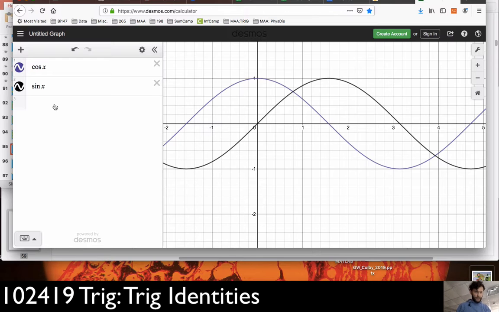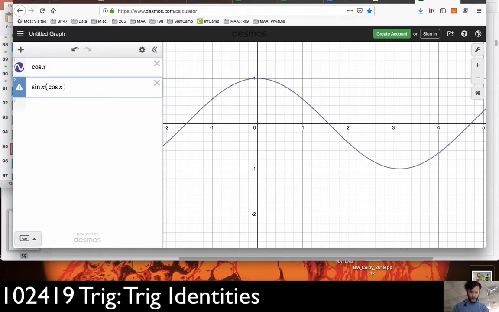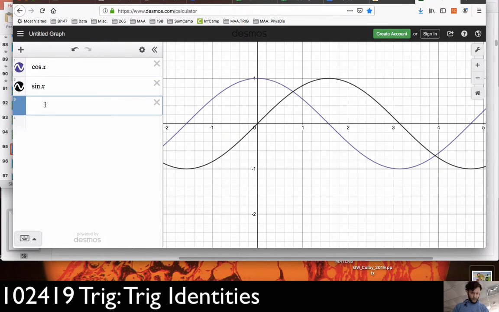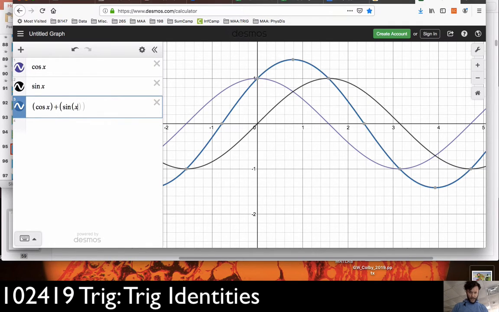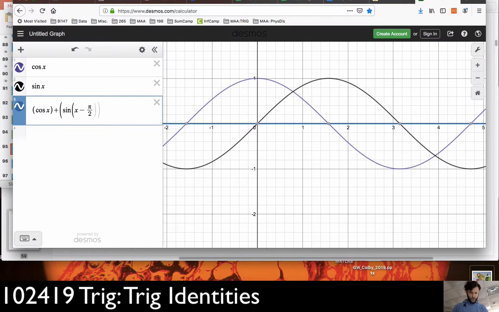And let's type it in. So cosine of x plus the sine of x minus pi over 2.